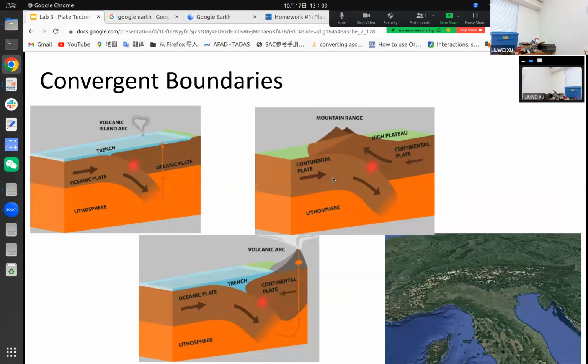And the third one is oceanic plates meeting continental plates. For this kind of plate boundary, we have an academic name for it. Usually we call it subduction zone. If it's two continental plates, because they collide with each other, we call it collision zone.